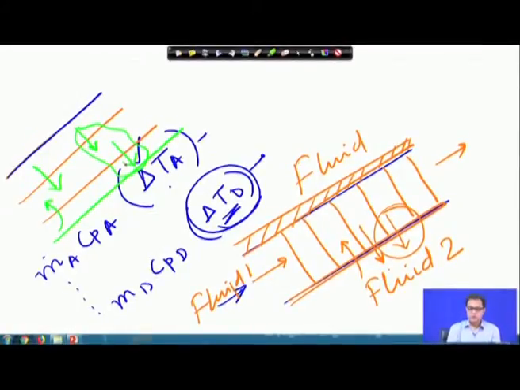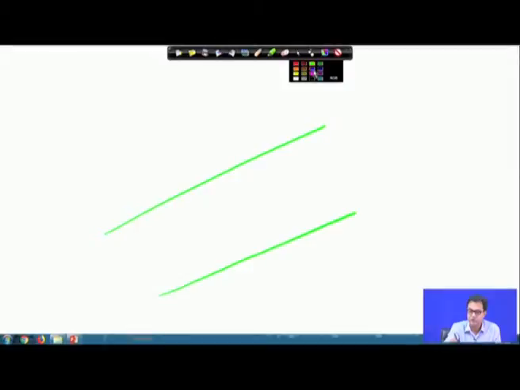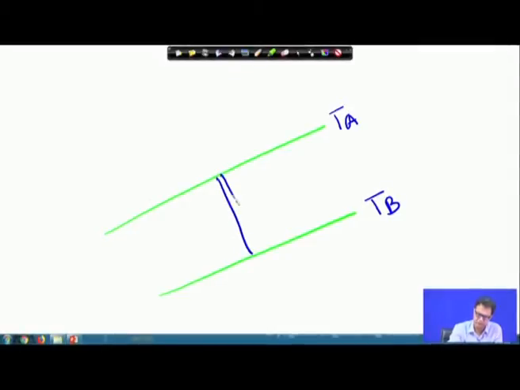So, basically what we need is a fin equation. If you remember, in one of the earlier classes we tried to solve the fin equation, where the fin is connected between two surfaces, say T A and T B, and they are connected by a thin pin.